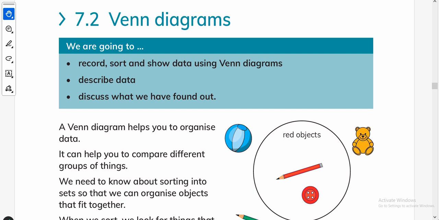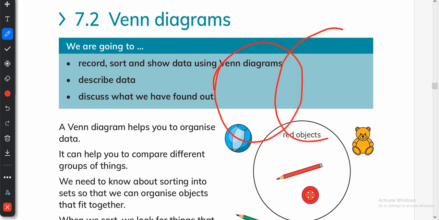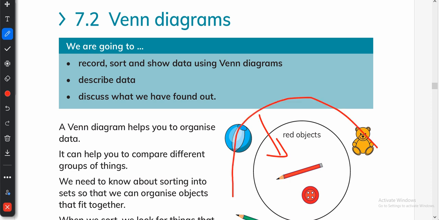Okay, Venn diagrams. Venn diagrams are usually overlapping diagrams, but here in grade 1 we can just say: make one circle and put the things inside, like red objects will go in the circle and the rest of the other things will remain outside the circle.